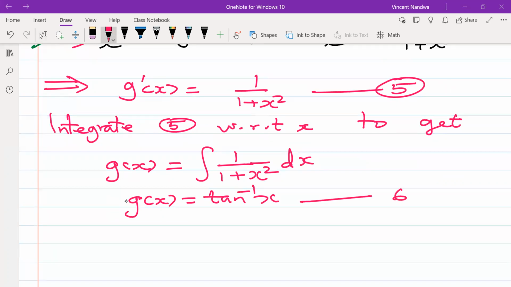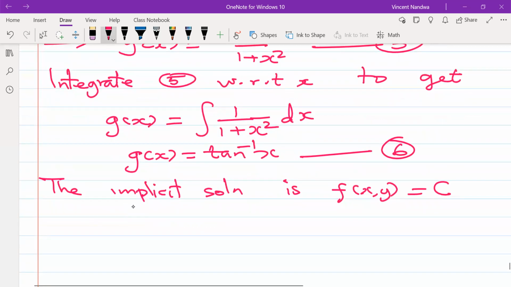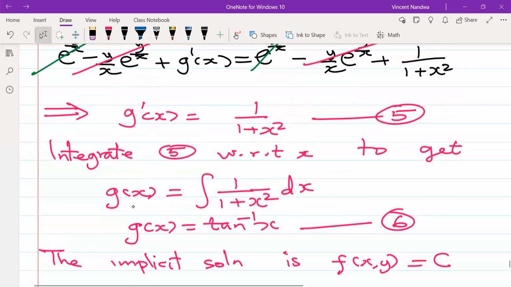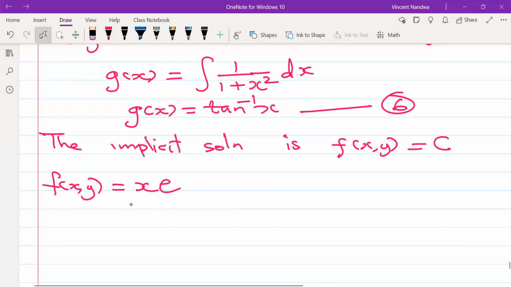So if we call this one 6, the implicit solution is f of x, y equals c, where f of x, y from equation 3 is given by x e power y over x plus g of x, which is tan inverse of x, which equals c.